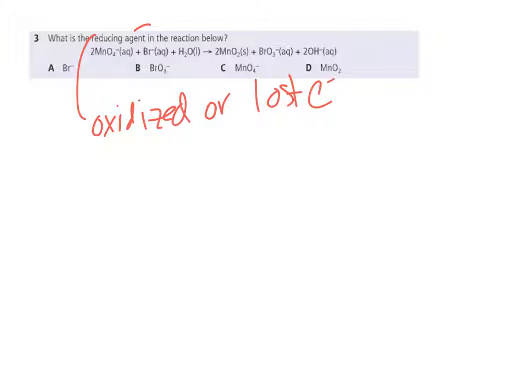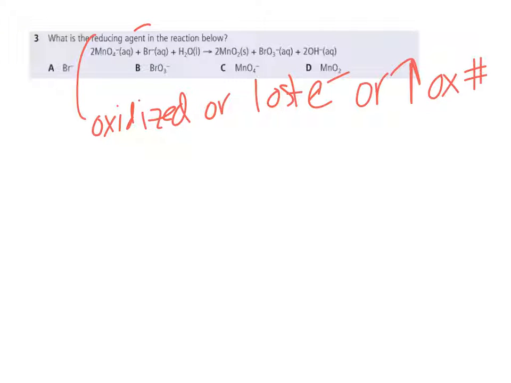Number 3, what is the reducing agent in the reaction below? So I'm really looking for what's been oxidized, or which one's lost electrons or seen an increase in the oxidation number or oxidation state.